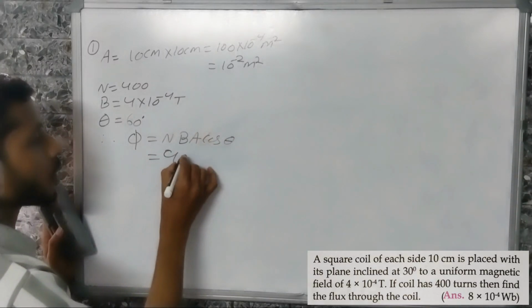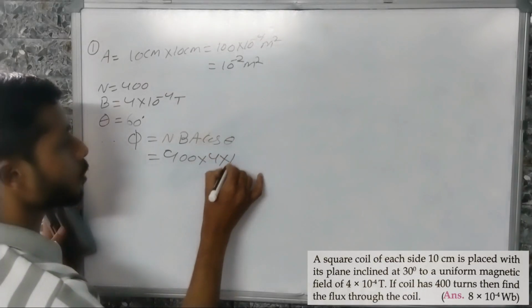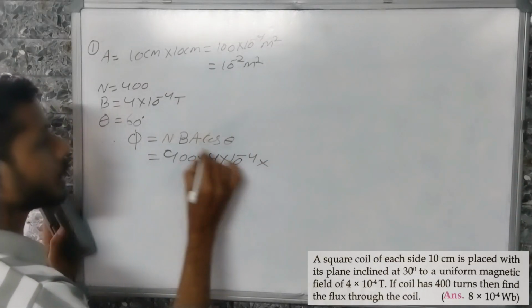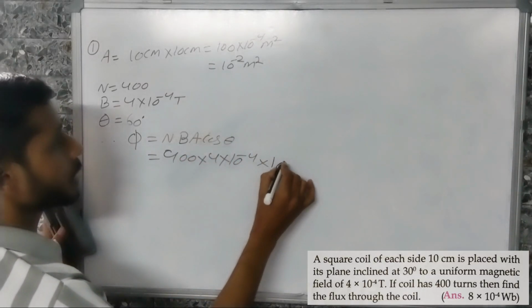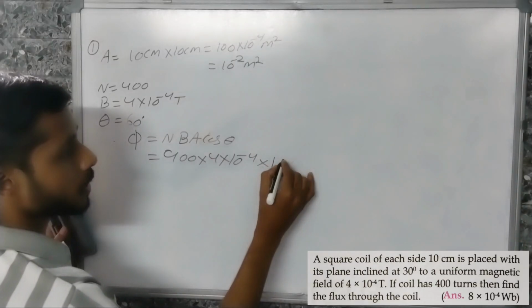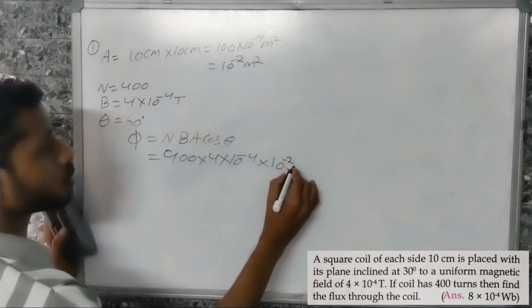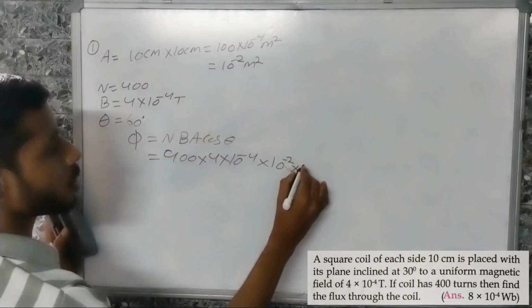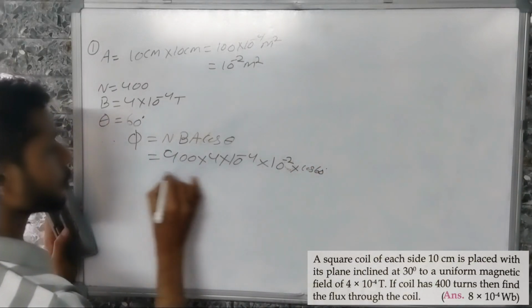N is 400, B is 4 into 10 to the power minus 4 into A is 10 to the power minus 2 into cos 60 degree.